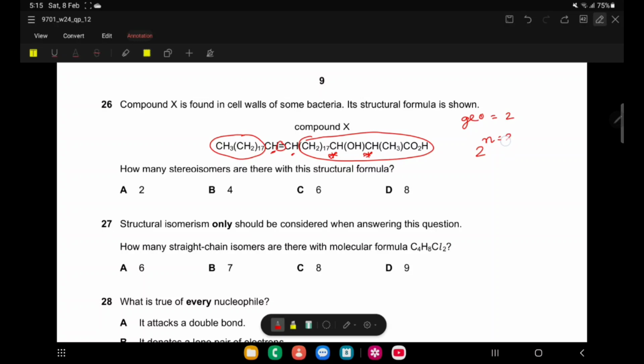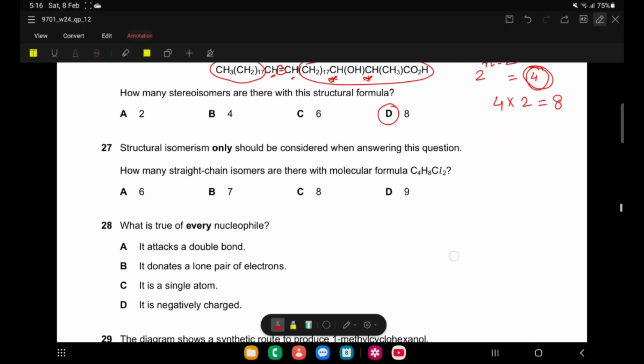Here there are 2 chiral centers, so 2 squared is 4. So 2 geometric isomers, 4 optical isomers, so we always need to multiply the number of geometric isomers and optical isomers to get the total number of stereoisomers. So 8. Our correct answer is 8, D.